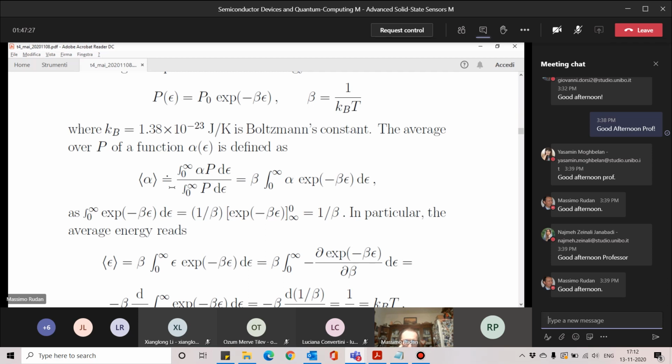Sorry, the integral of P is P0 divided by beta. This can be calculated immediately. By the way, it is just in the next line.